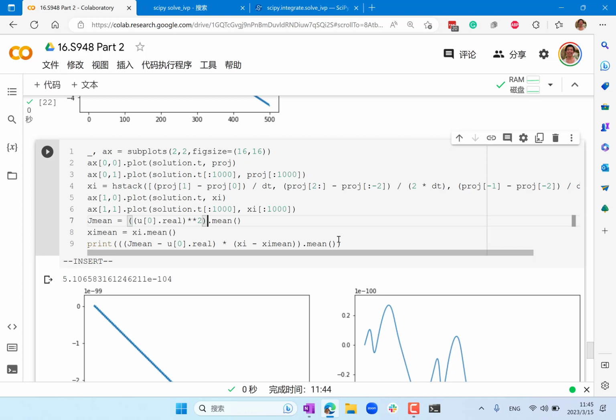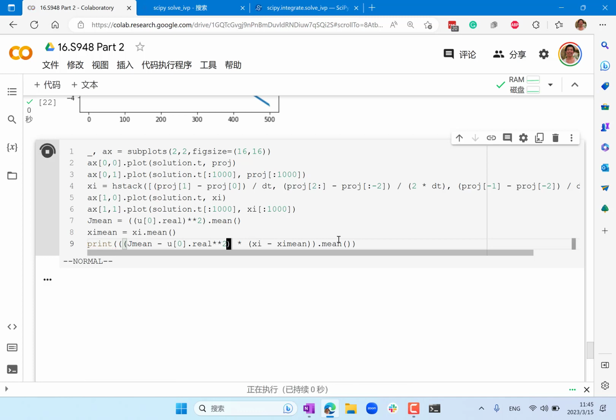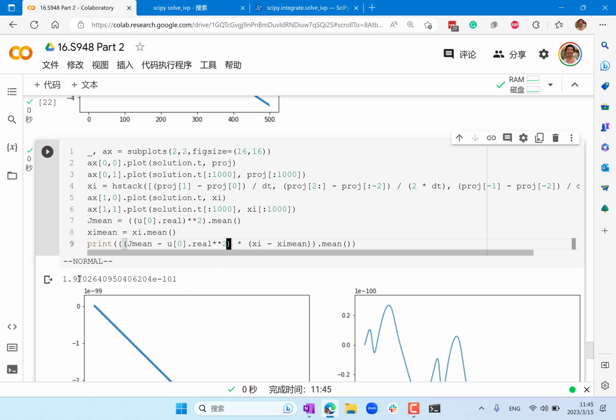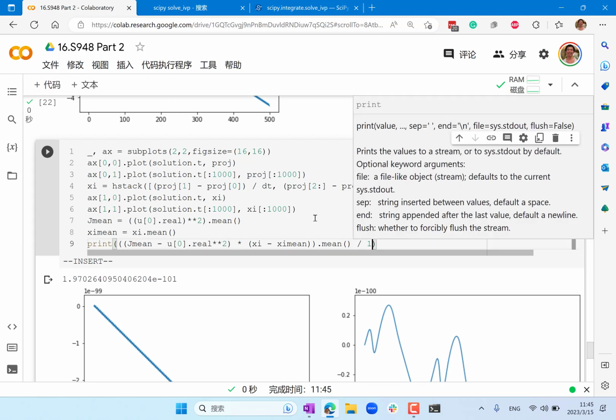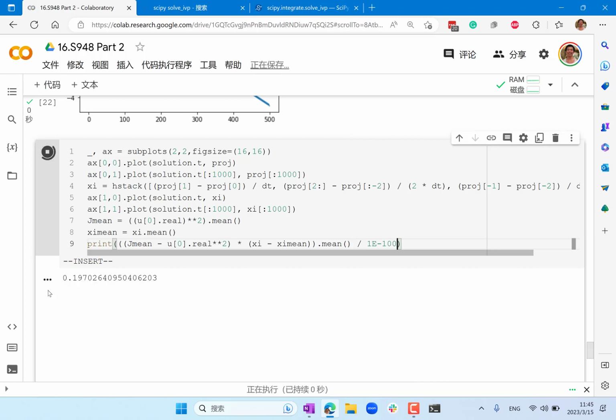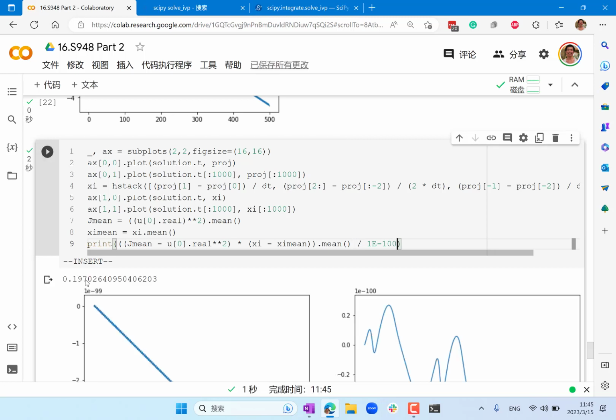It's u0 squared dot mean, because we are looking at an objective function that's the square of x. All right, so we get this quantity, and this is the effect of a perturbation in the parameter with magnitude 10 to the minus 100. So divide by 10 to the minus 100, we get 0.19.